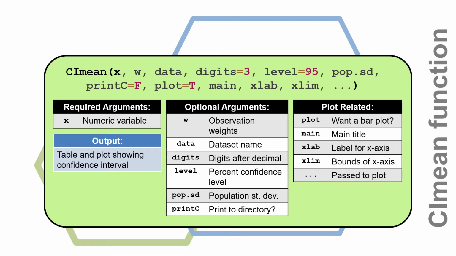Second, the CImean function is designed to analyze a dataset variable, find its mean, and report the confidence interval. If you're given a sample mean and its standard error and want to find its confidence interval, you can use the sampdisc function as a confidence interval calculator. So to see how to use the CImean function, let's work through some examples together.